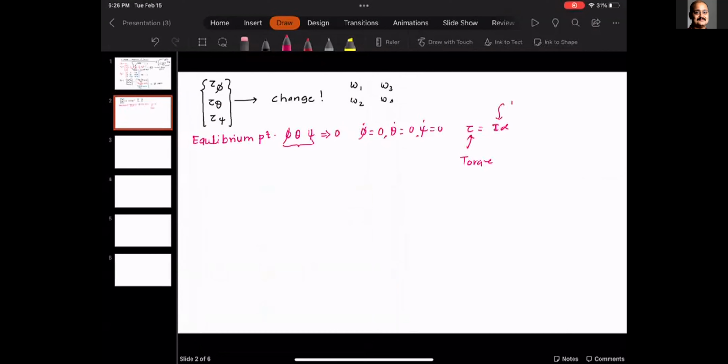This is the moment of inertia, and this is the angular acceleration. So I'm going to assume my values of torques are proportional to I multiplied by a control input.